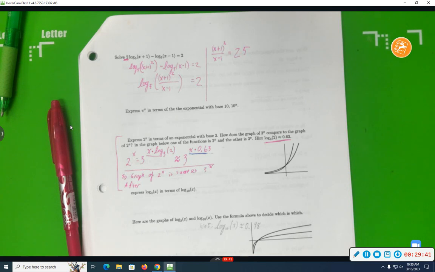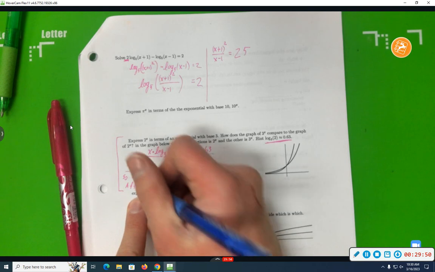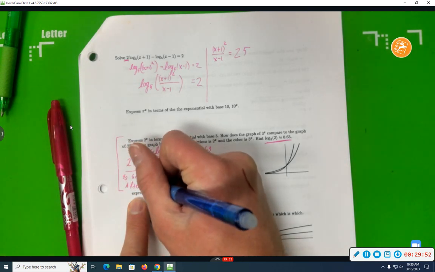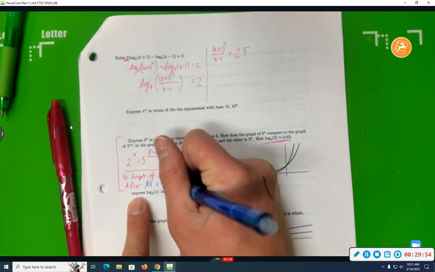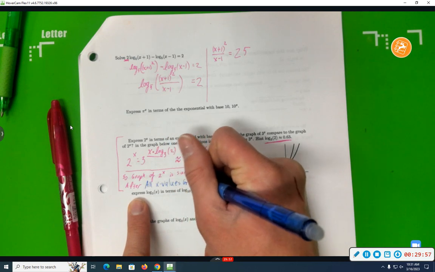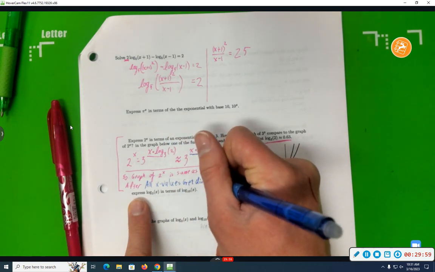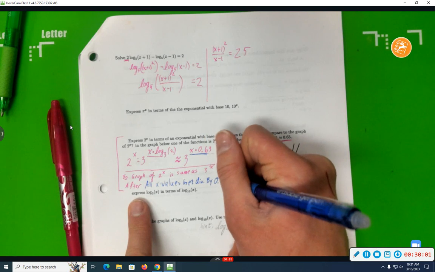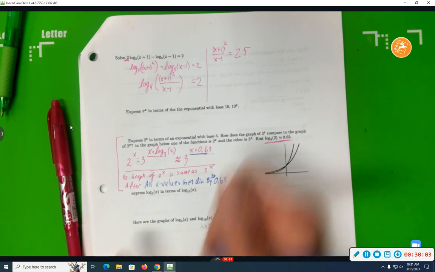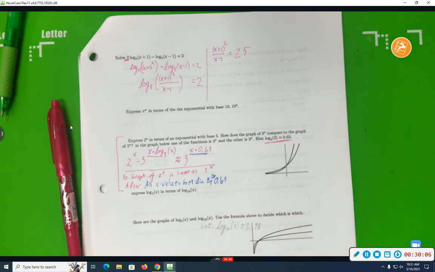It compresses if that number were bigger than 1. In this case, it will anti-compress. I guess that's called stretching. All x values get divided by about 0.63. Division by something less than 1 will stretch a little bit.